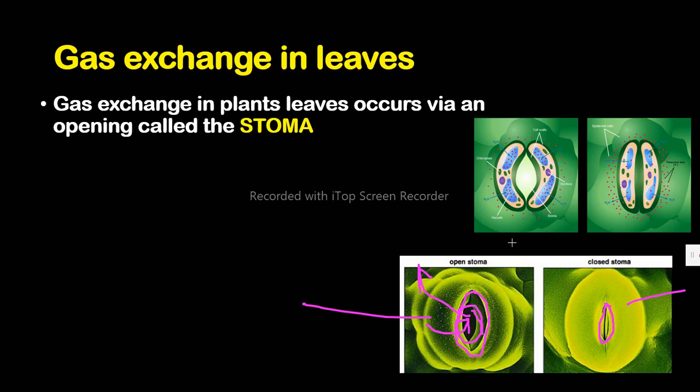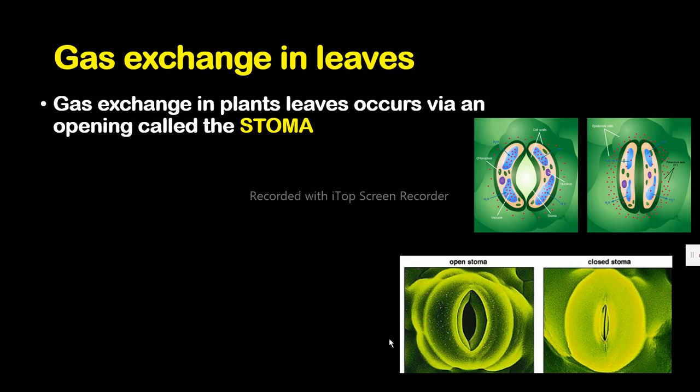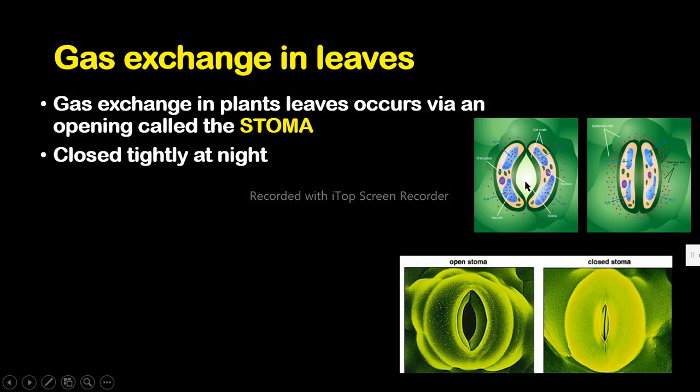This stoma is controlled by a specialized cell called a guard cell, as you can see. And I know you studied this in transport in detail. However, we shall just do a simple reminder.